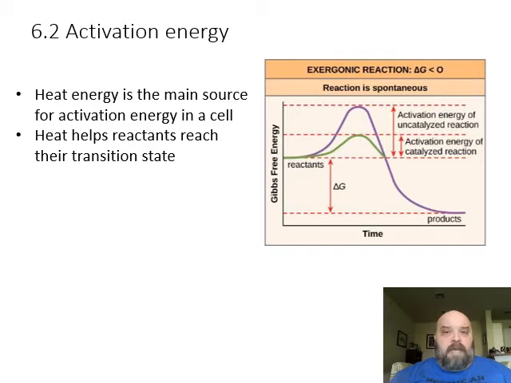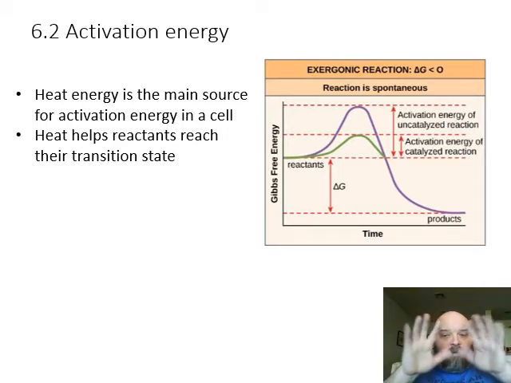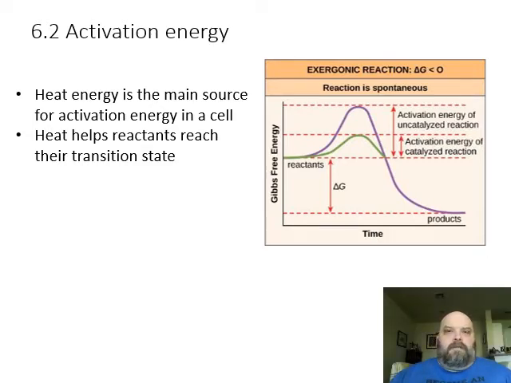Because the source of the energy to get that curve to go up, up, up to the peak of the purple and then down to products, well, that accumulation of energy is from heat. 37 degrees Celsius, 98.6 degrees Fahrenheit. You produce some heat. And it's just going to take time for that thermal energy to build up, to get those molecules vibrating faster and faster, so they actually will start bumping into each other.